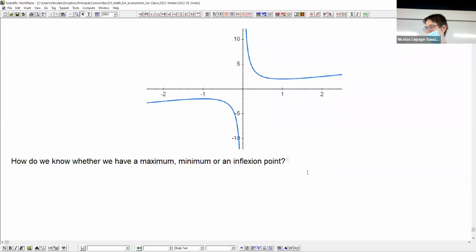So now let me say more about the second and higher order derivatives.